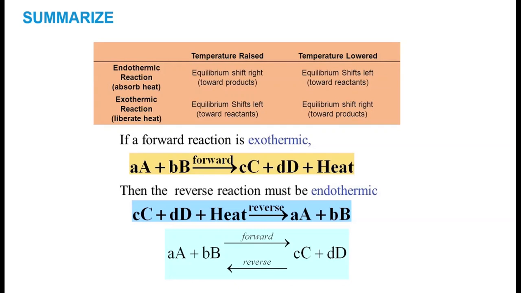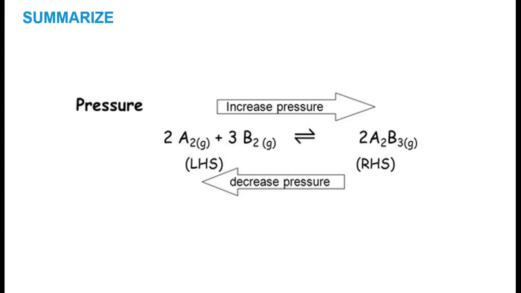Similarly, in case of an endothermic reaction, by raising the temperature, more product is obtained. By raising the pressure, the equilibrium can be shifted to the side with fewer molecules. In this example, the equilibrium will be shifted to the right, and as a result, more product is obtained.